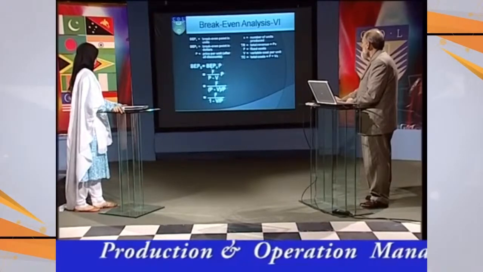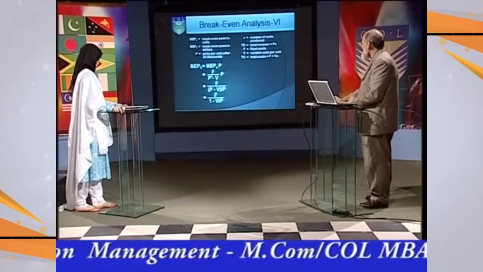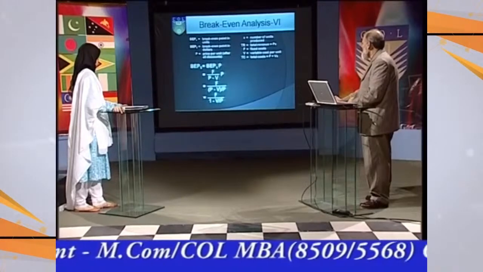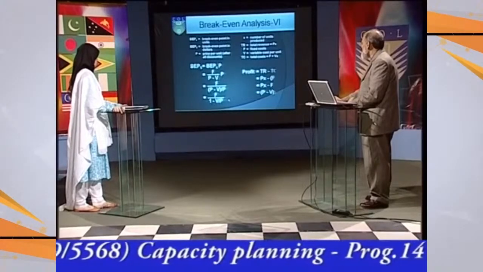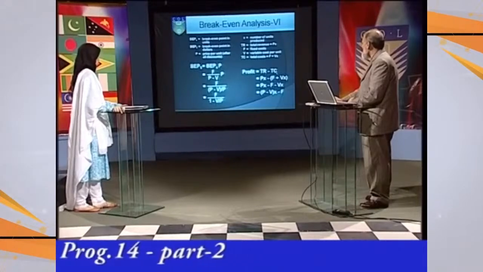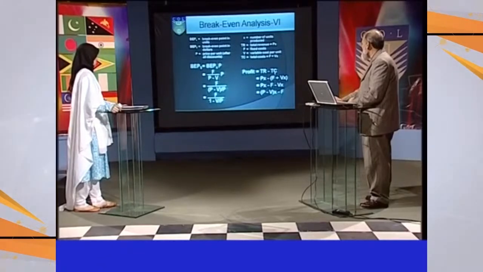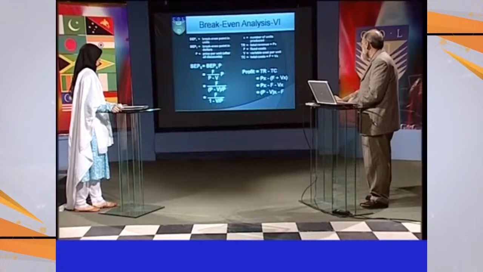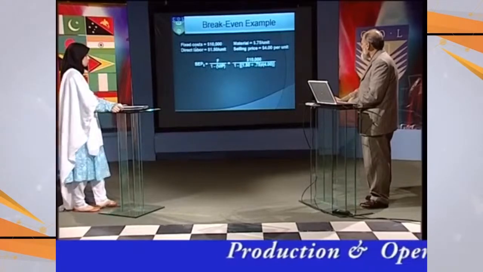And now BEPX, you replace it with the previous equation, and you come up with a break-even point in terms of dollars that will be F over 1 minus V over P. And our profit will be total revenues minus total cost. You replace total revenues with PX, you replace TC with F plus VX, and you come up with this final equation. This is actually your fixed cost.